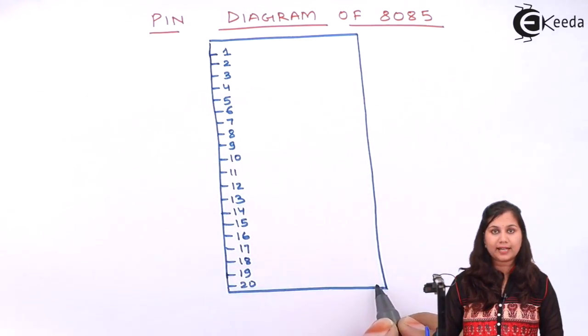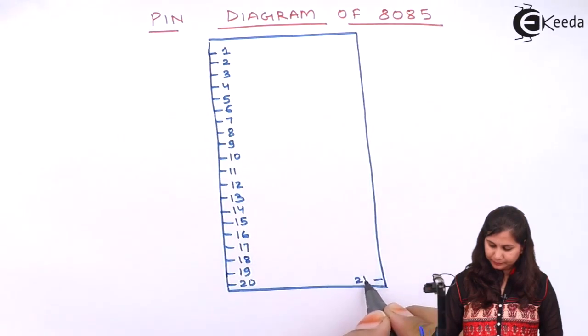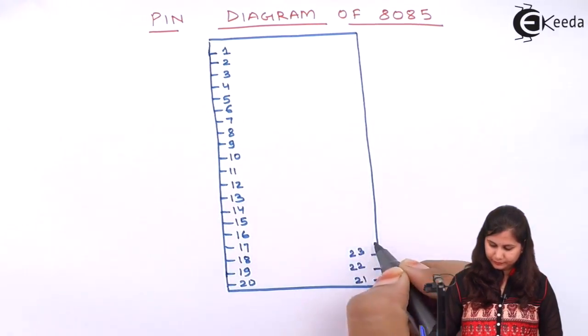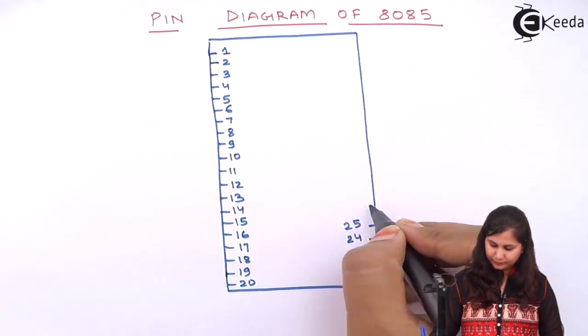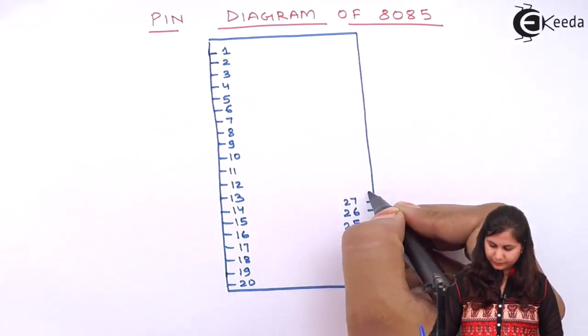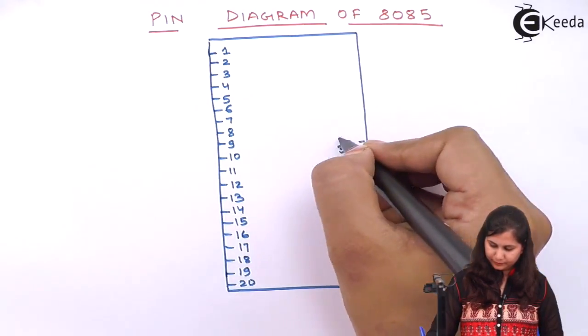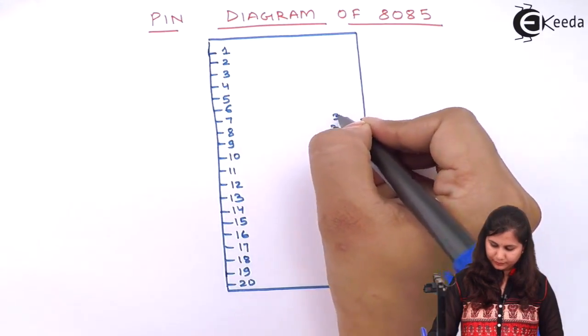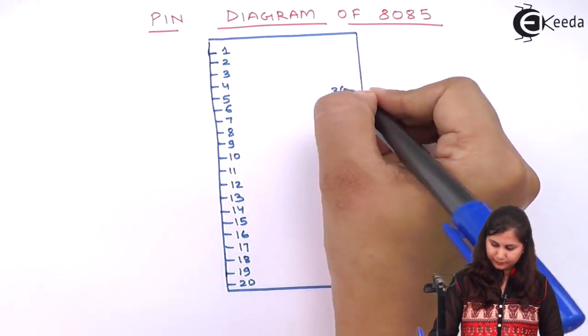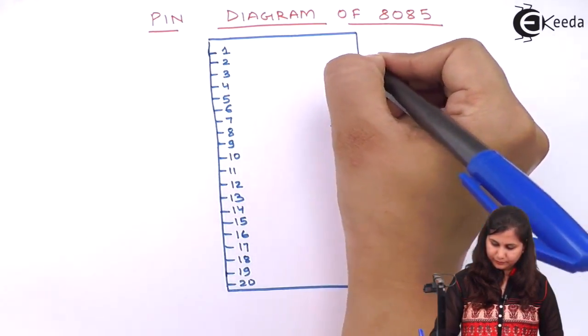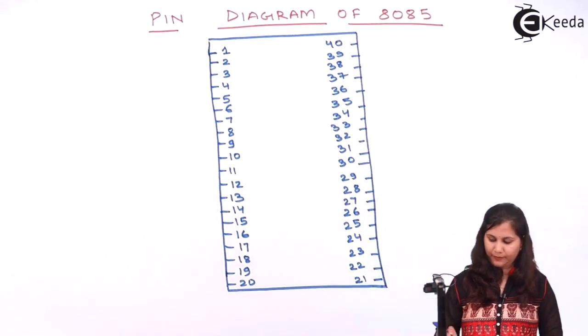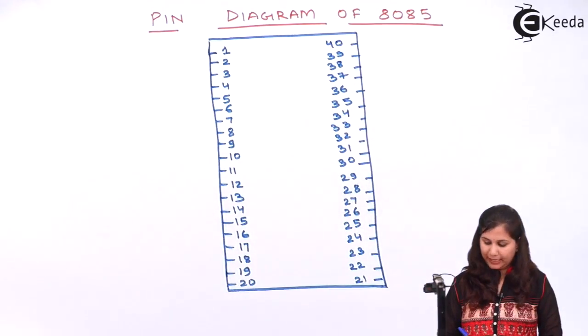Now 21 will start from here. So this was the 40 pin IC.